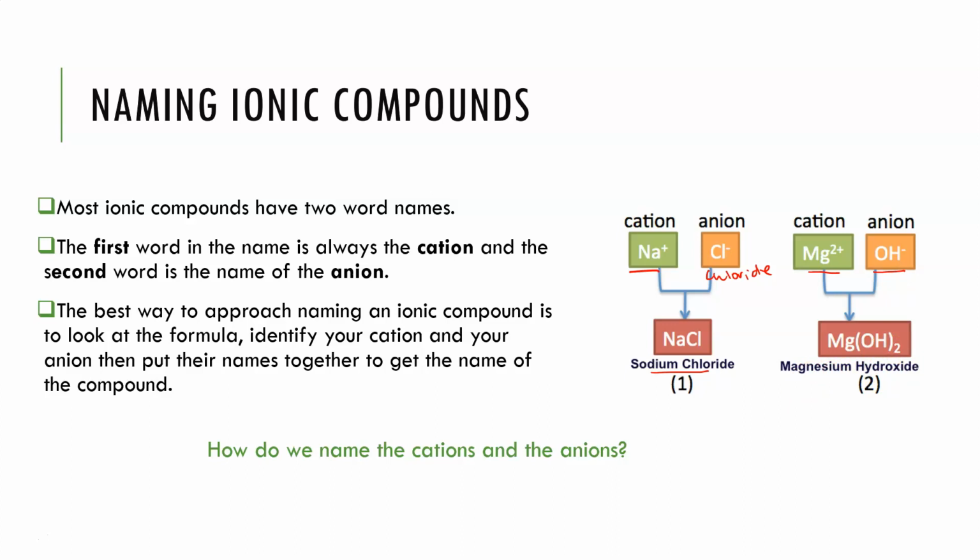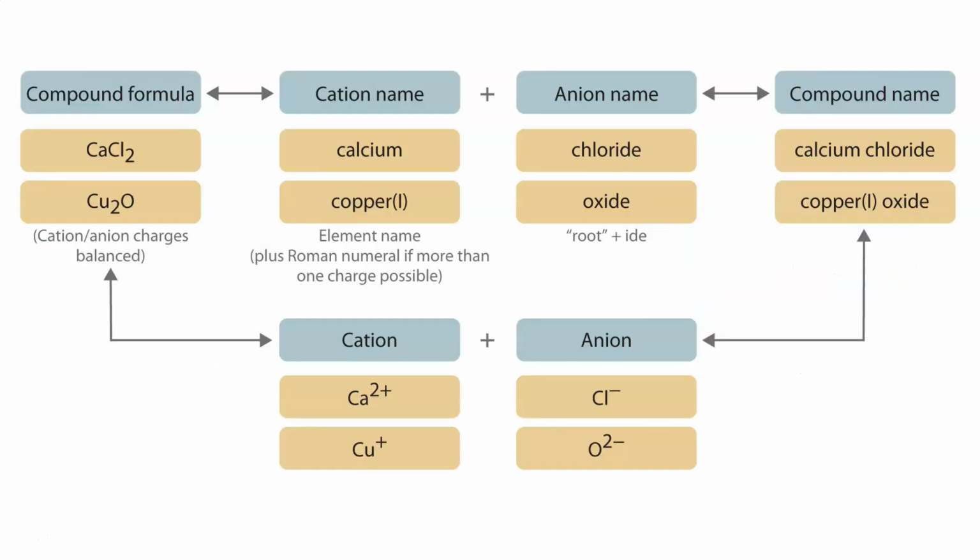In order to be able to do this, though, we need to know how we name our cations and our anions. So we always have the cation name plus the anion name will give us the compound name. What we need to make careful attention of is the structure of the name.